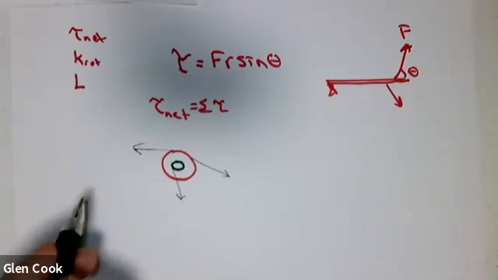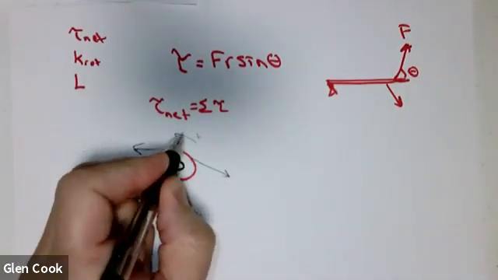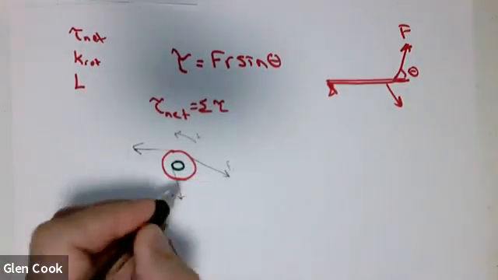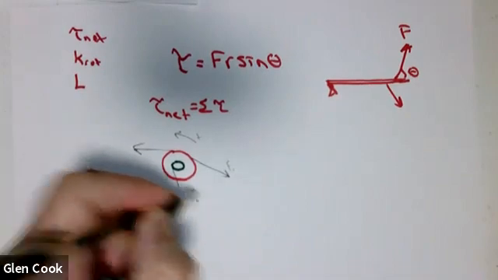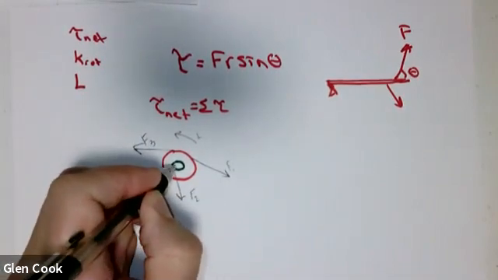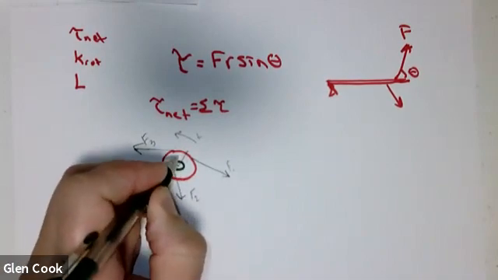We have to establish a direction of rotation, and by standard, counterclockwise is positive. We'll call these force 1, force 2, force 3, and we'll call the small radius little r and the large radius big R.